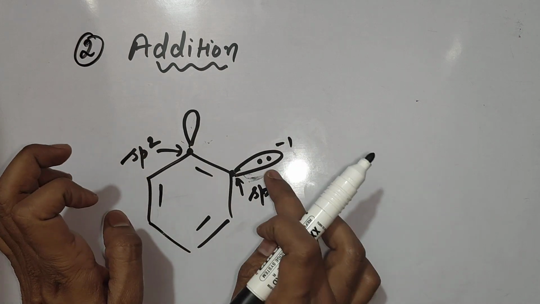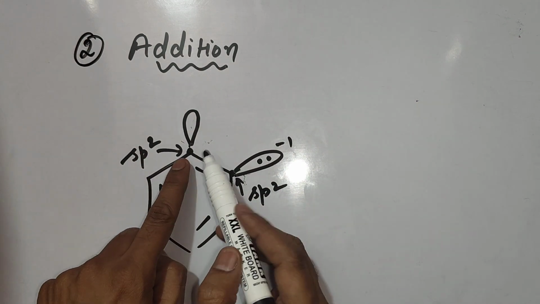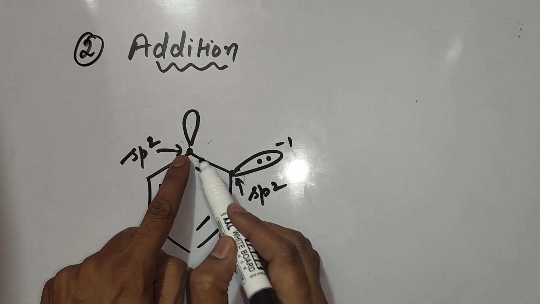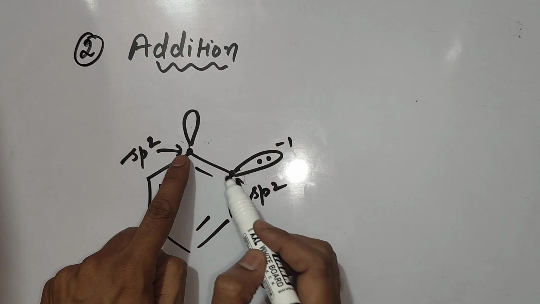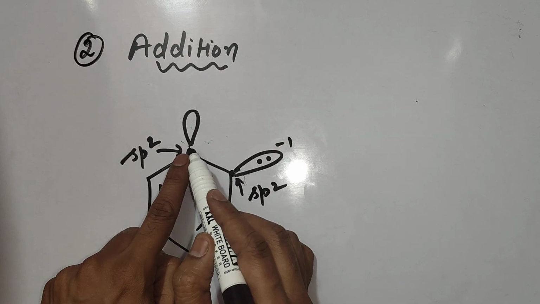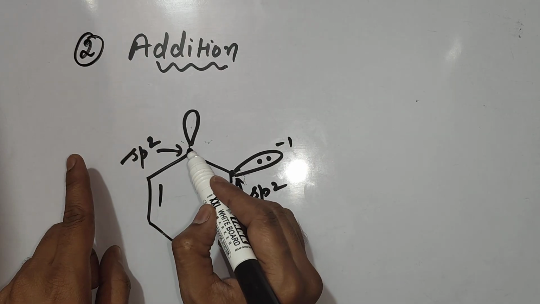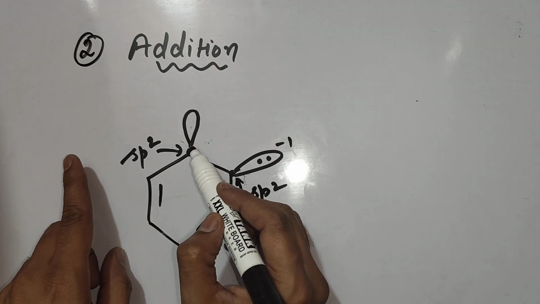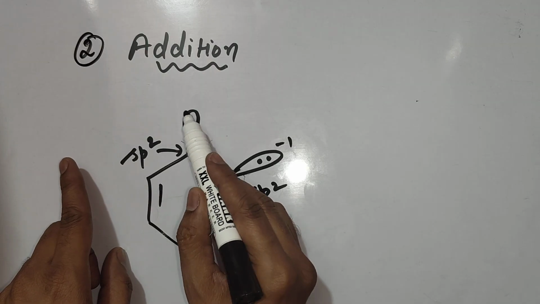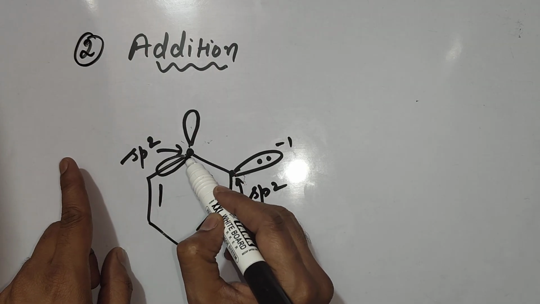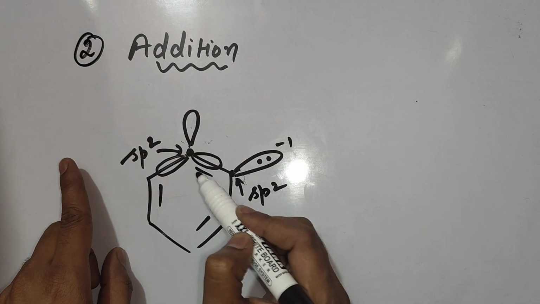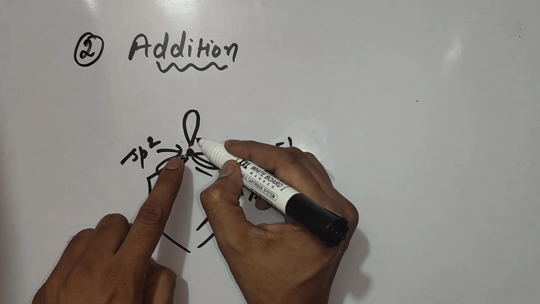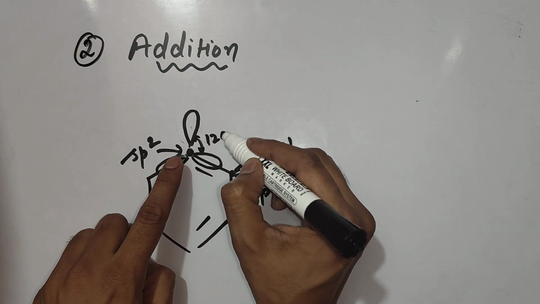Now the problem is hybridization is sp2, and we know in sp2 the shape of the orbital is triangular around carbon. This is the carbon, so triangular orbitals will generate. This is the orbital, this is second orbital, this is third orbital. Angle between them will remain 120 degree.